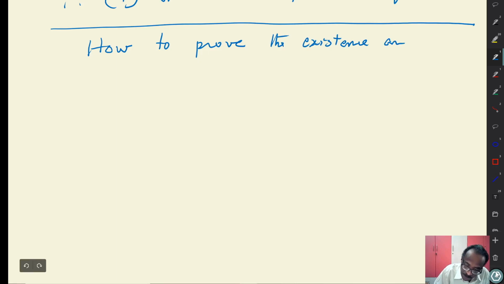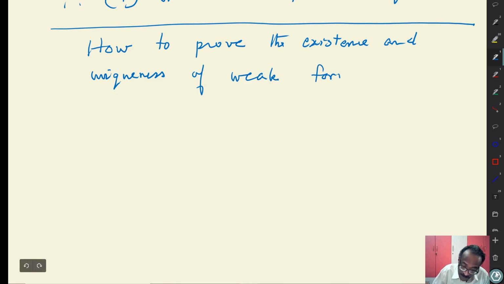Existence and uniqueness, I will not prove here; these are all, as I said, some sort of motivation. You need more machinery eventually, and that's the next course on partial differential equations, advanced PDE, how to prove the existence and uniqueness of the weak form. So let me start telling you some of the troubles, and then you will see.